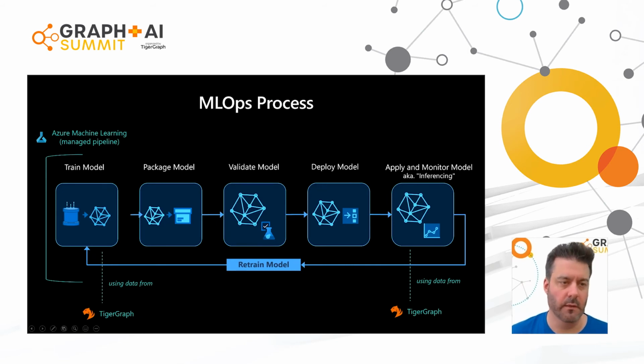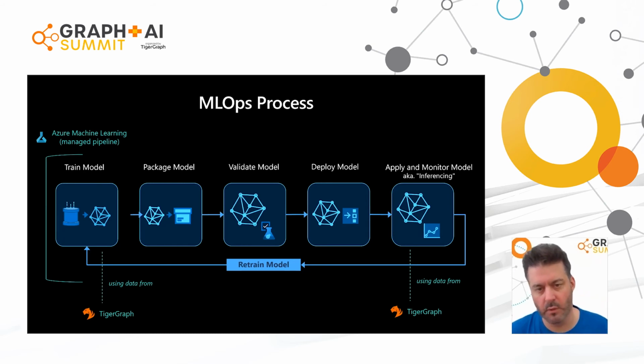It starts with training the model, then you would package the model. Once you have packaged it, you probably want to validate it and see if the accuracy and all the other quality metrics are good. Then you might decide that the model is good enough, and you would deploy the model, finally making it available as some web service so that it can be integrated into your applications.